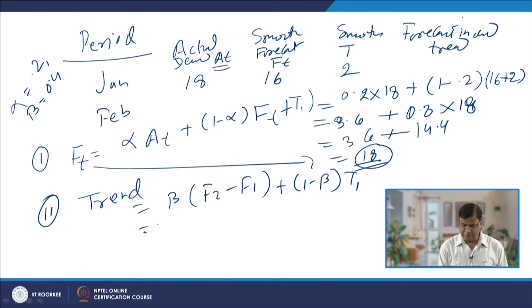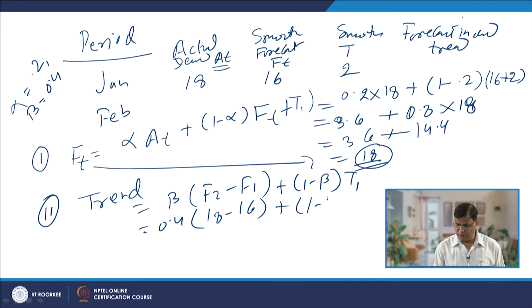So here we have 0.4 into 18 minus 16, plus 1 minus 0.4 into 2, that is the trend. We get the value 0.8 plus 1.2, so it becomes 2.